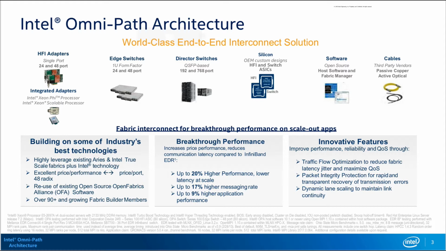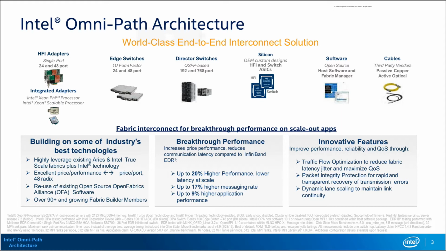Intel back in 2012 did a couple of key acquisitions. One was from QLogic. It was the QLogic's InfiniBand team, as well as a little later in 2012, we acquired the Interconnect team and IP for the Aries technology from Cray.